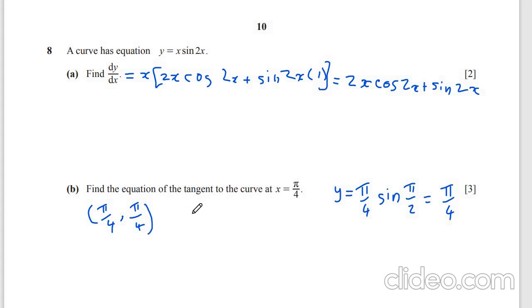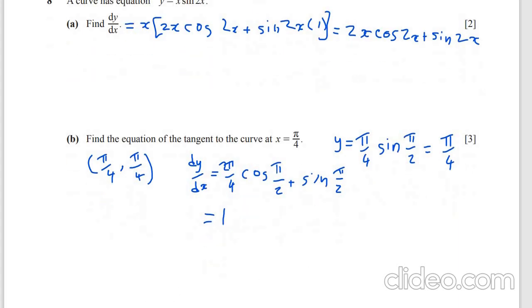Now what's the gradient? What is dy dx at this point? So we substitute pi by 4 into the dy dx equation. So this is coming down to 1 because cos pi by 2 is 0 and sine pi by 2 is 1.